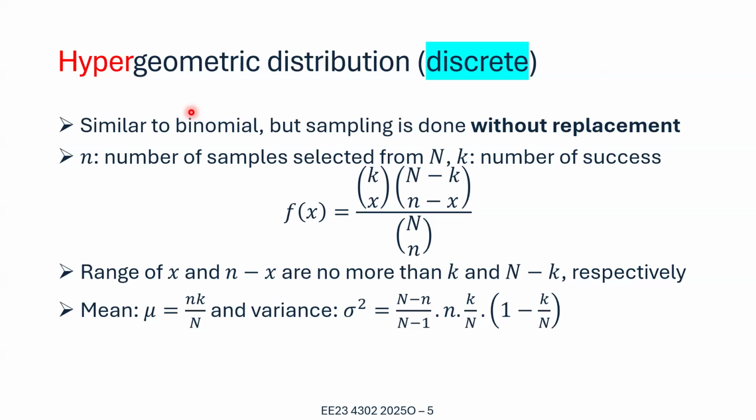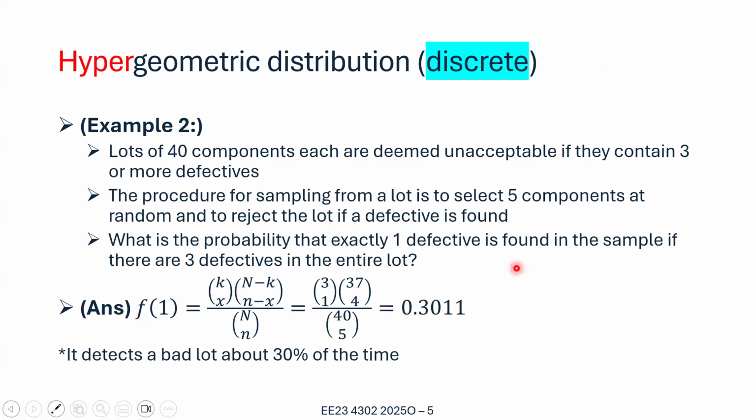We have the mean and the variance here. And this is an example.